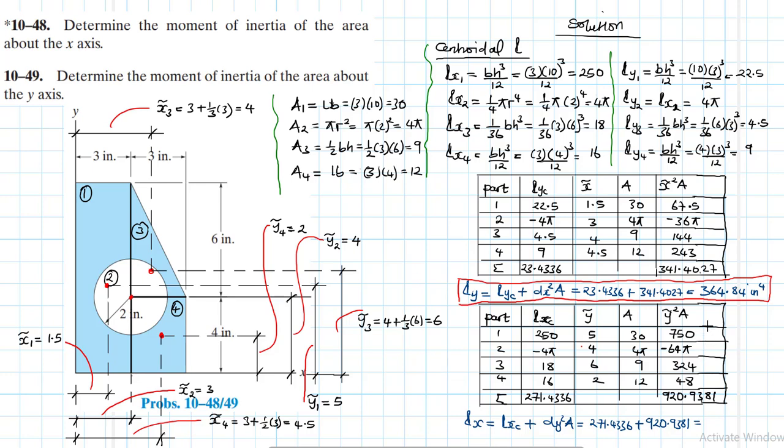So what does this give us? Gives us a 1192.37 inches to the power 4. Okay, great. This is the final solution for moment of inertia about the x-axis.